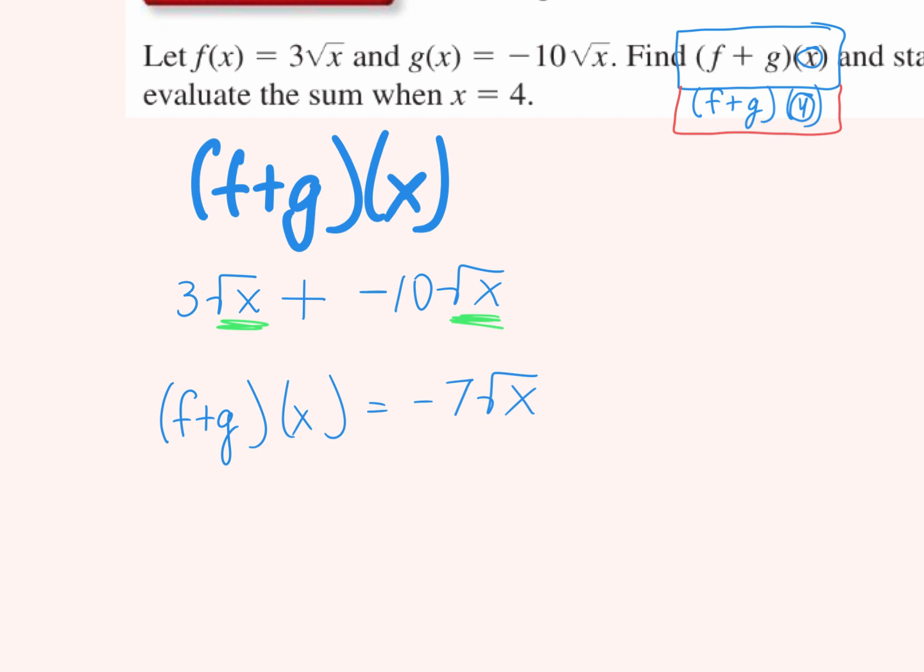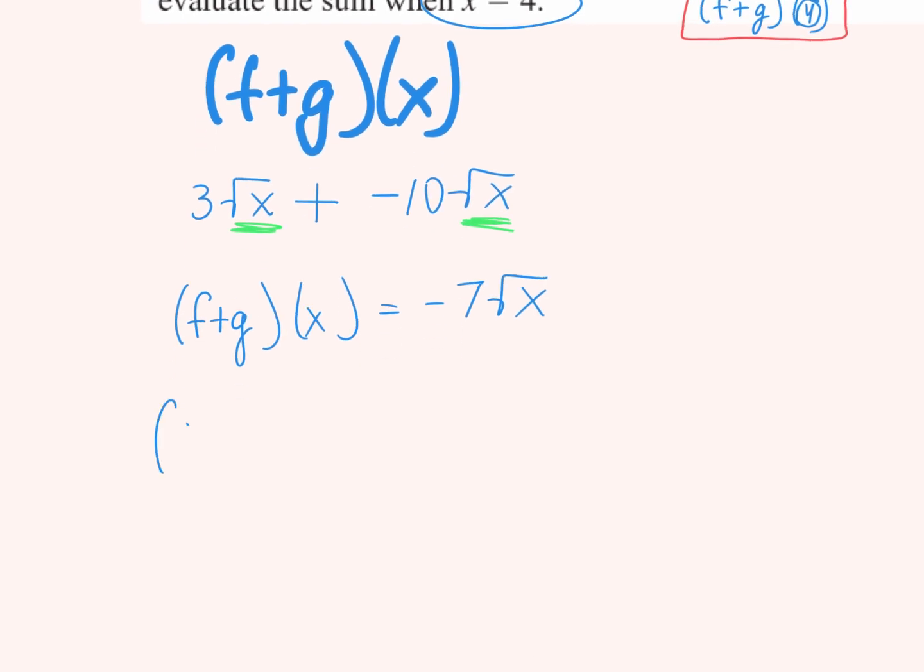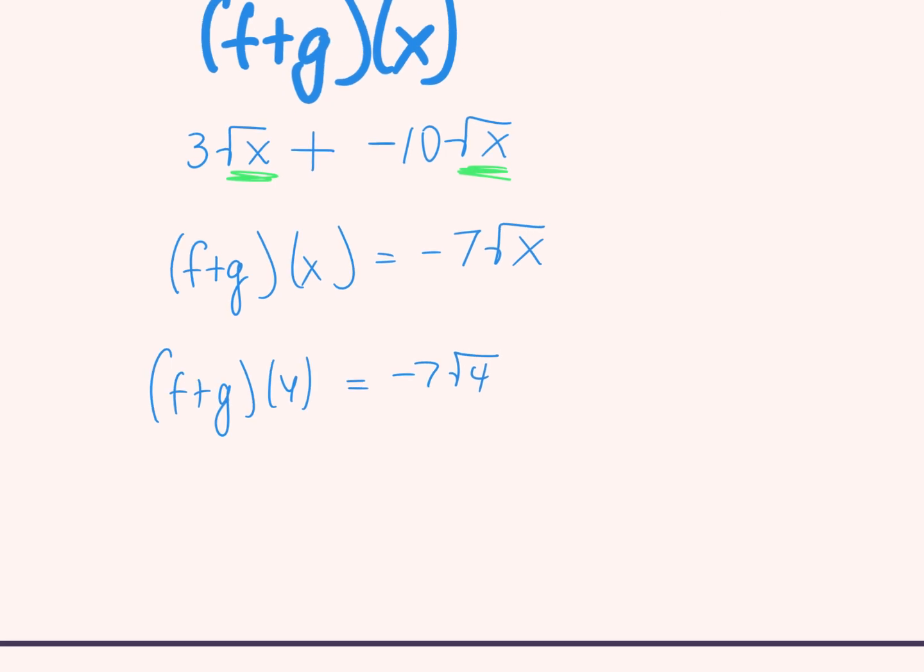Now, if the question tells you to evaluate when x is 4, what do you think I do with 4? You're going to plug it in. So f plus g of 4. I'm going to say -7, and instead of x, I'm going to write a 4. Can we simplify this? Yes. What's the square root of 4? 2.